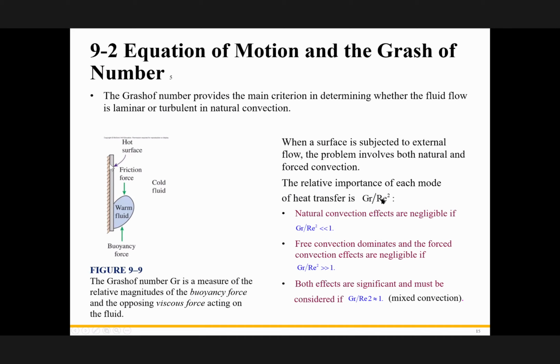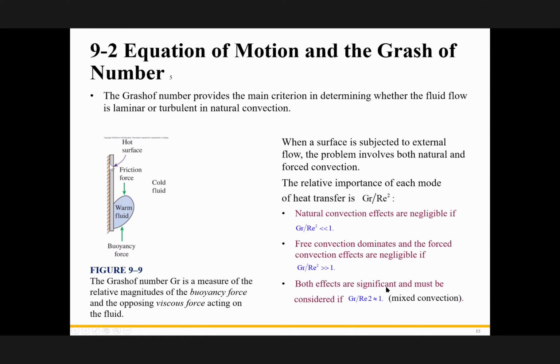If this ratio is less than 1, what does that mean? It means the Reynolds number is so big that we can ignore Grashof, the natural convection. If it's equal to 1 or more, it indicates that this one is dominating the system. That's what that's about. How about if it's between these two, what do we have to do?